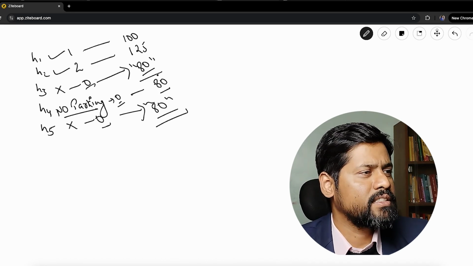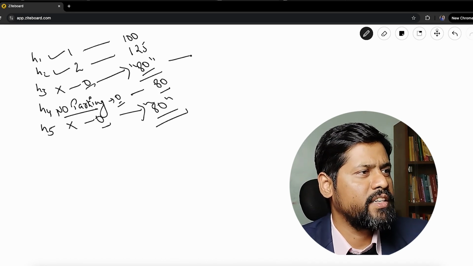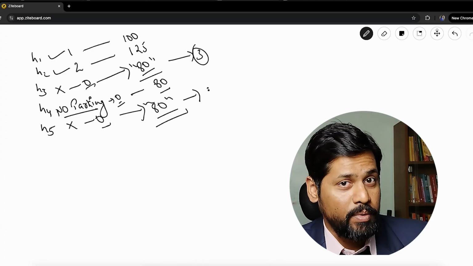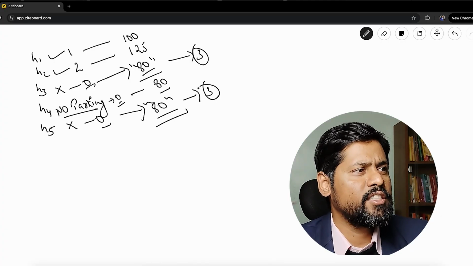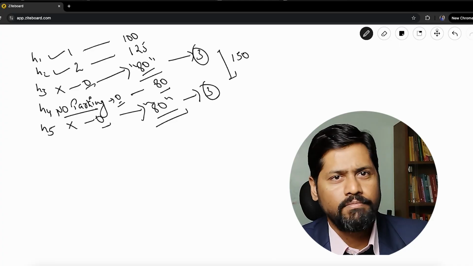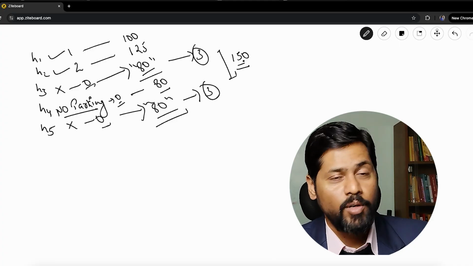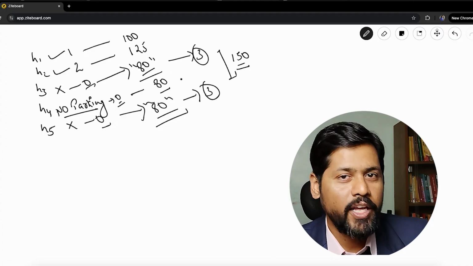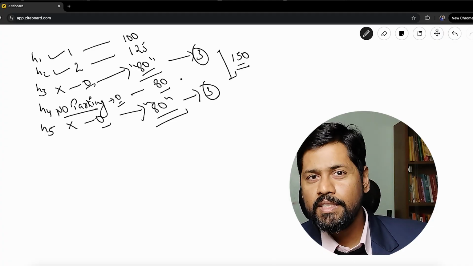For example, let's say H3 had 3 parking in reality and H5 also had 3 parkings. So ideally the price of both of these houses should have been 150, suppose, but the model predicted 80, nearly half of what it should have been. So this is the negative impact of assuming 0 for a data value which we had no idea about.